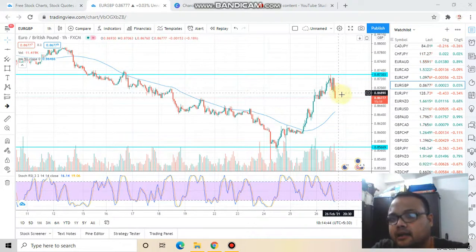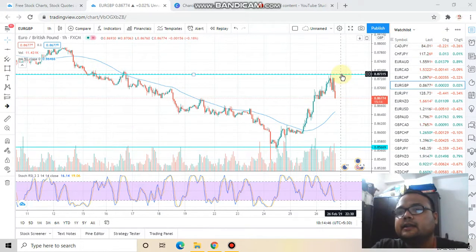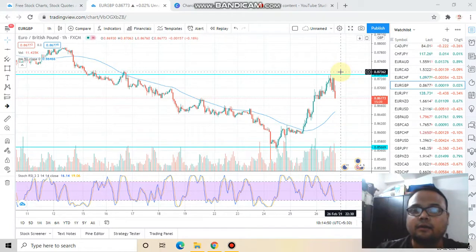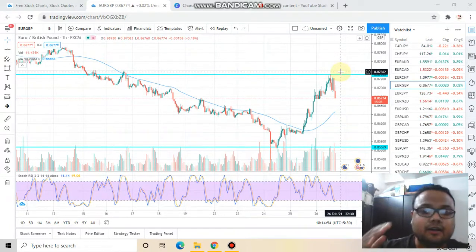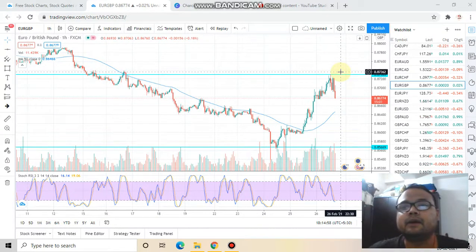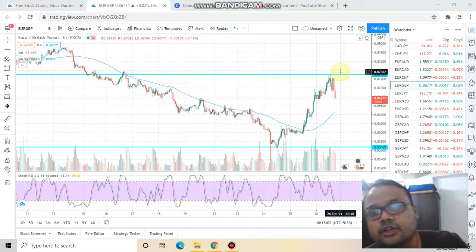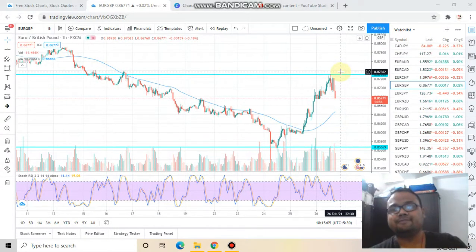Let the market cross this level, let the price stay above the resistance for at least 1 hour. Let the resistance become the support, let the price feel comfortable over the resistance, then only you should go ahead and place the buy order. At that point of time your risk to reward ratio will be in your favor.